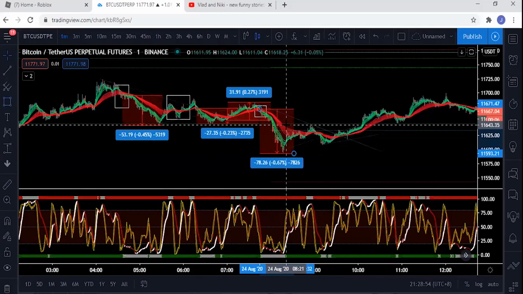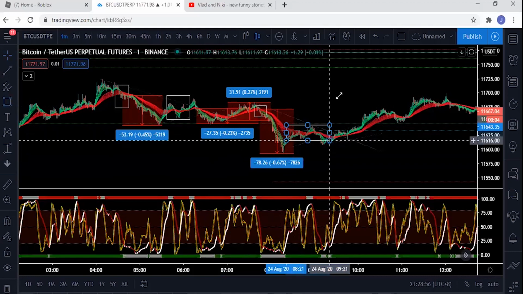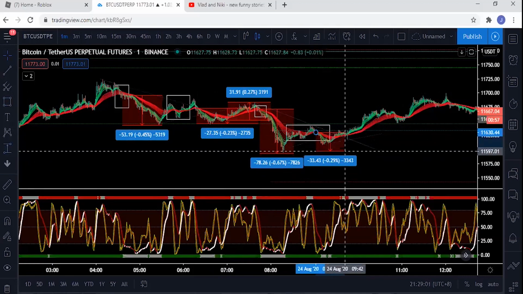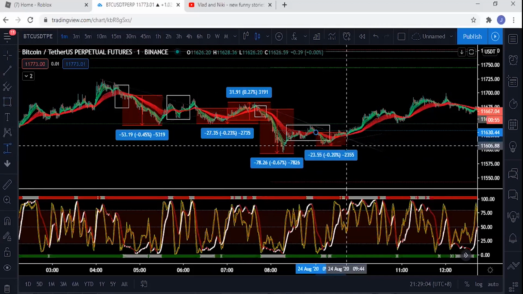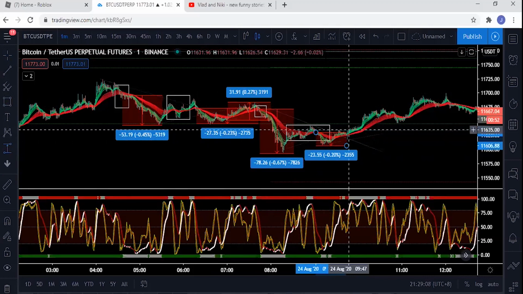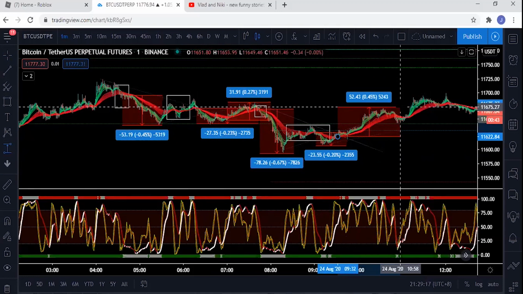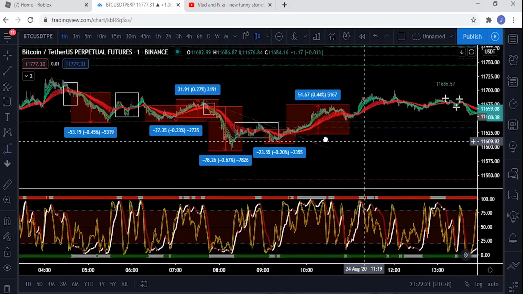Consolidation. Yeah. Next entry is here, cross, exit here. So that is 20% only. Next entry is your next crossover here, and then you exit here. That is 45%. That is 1 minute.